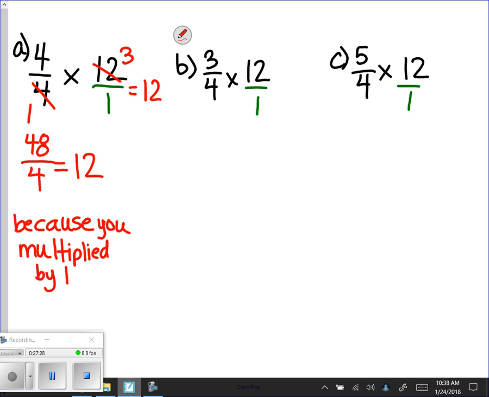So when you multiply by 1, it's going to stay the same. Your first factor is going to stay the same. It's going to remain equal. And that happened to us yesterday.